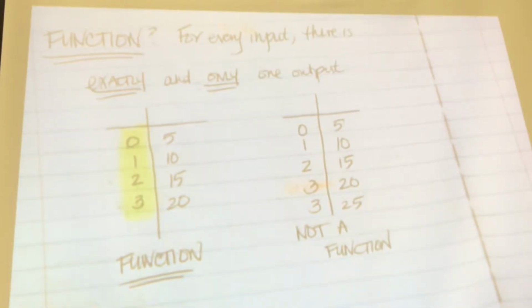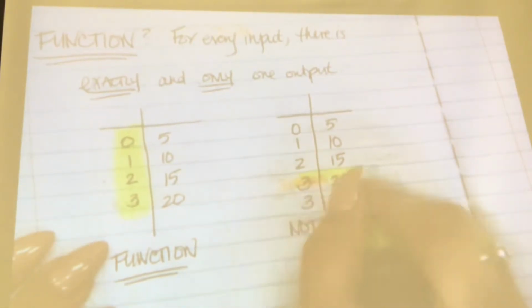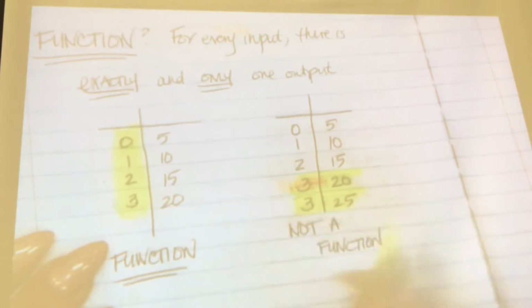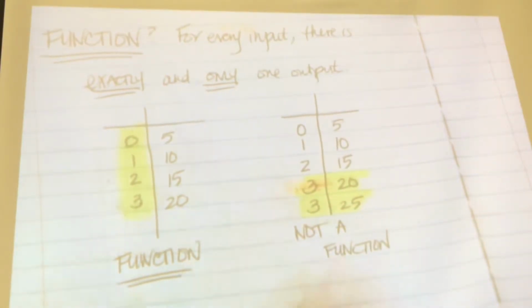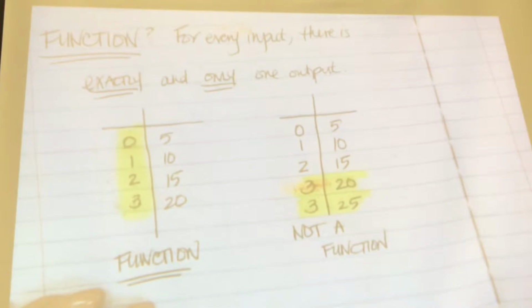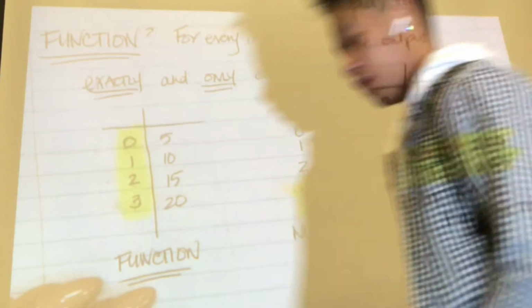You'll notice that 3,20 is in the graph and so is 3,25. That's not okay because the 3 has a 20 and the 3 has a 25. That's two different values for the same x. So if your x's repeat, essentially, that means it's not a function.